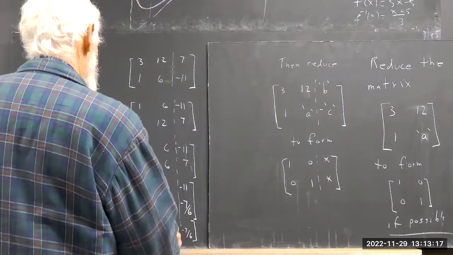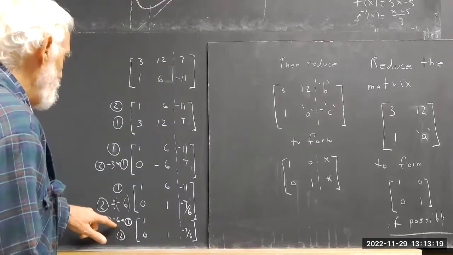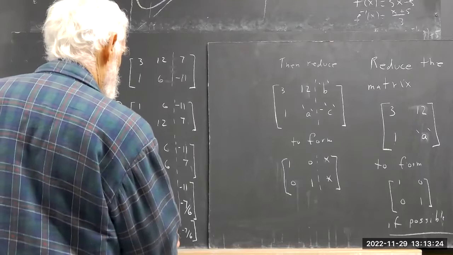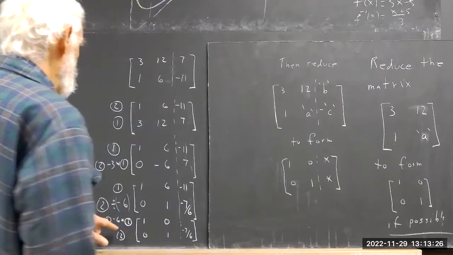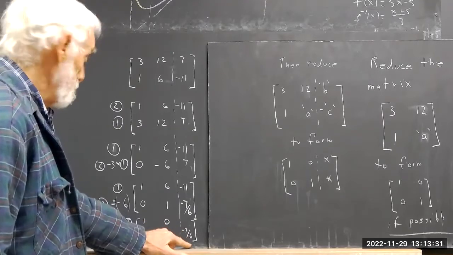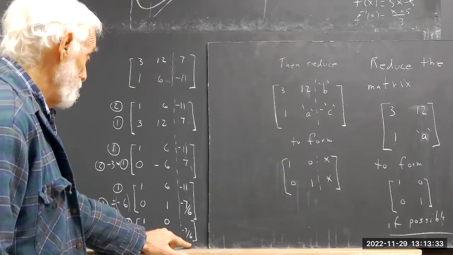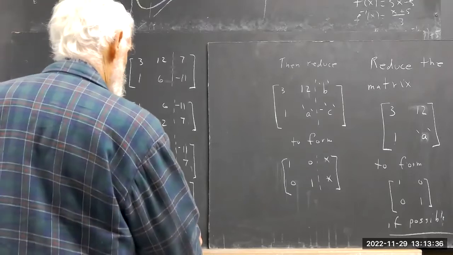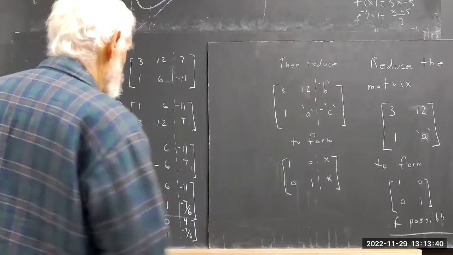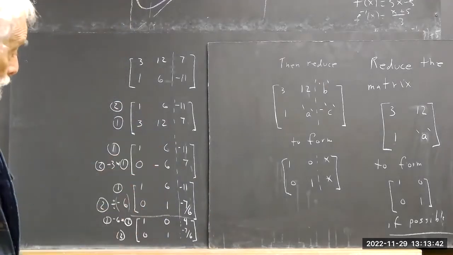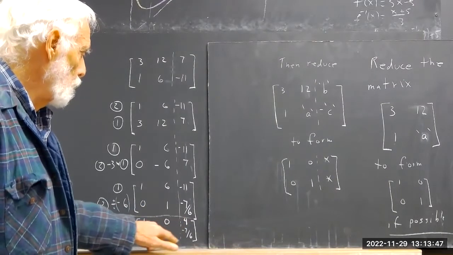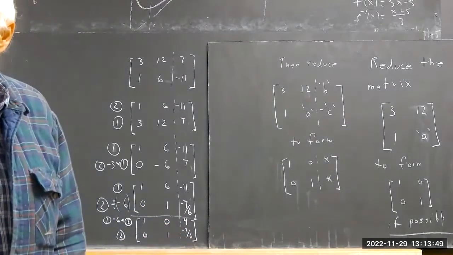And then if I do -6 times this and add to this, I get -6 and 6, which gives me 0. And then -6 times this gives me 7, which I add to my -11, which gives me 4. So just coincidentally, I didn't plan it, just picked random numbers, I get x equals 4, y equals negative 7/6.